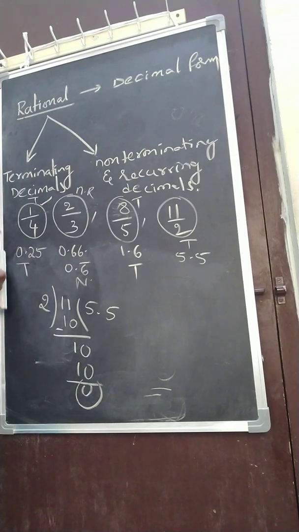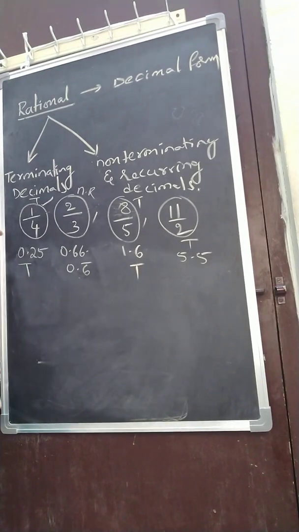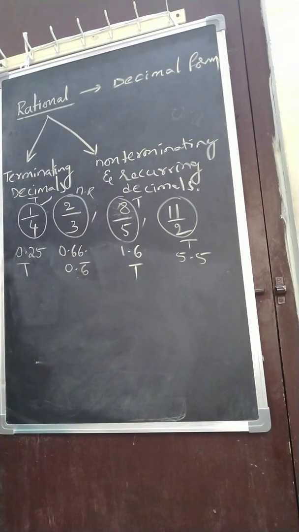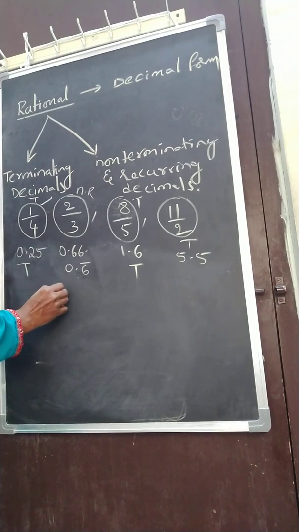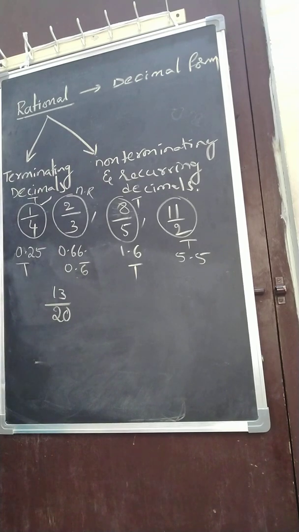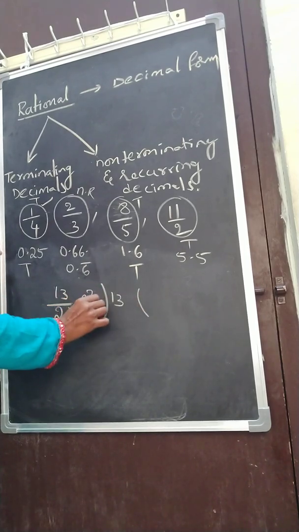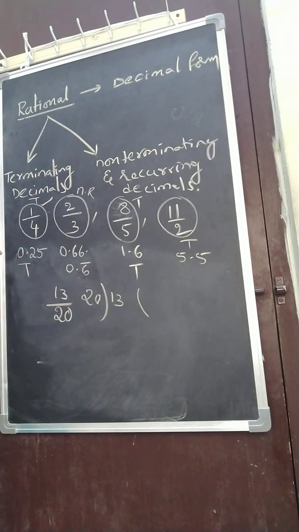Let us take one more example. 13 by 20. So 13 divided by 20. 13 is smaller than 20.